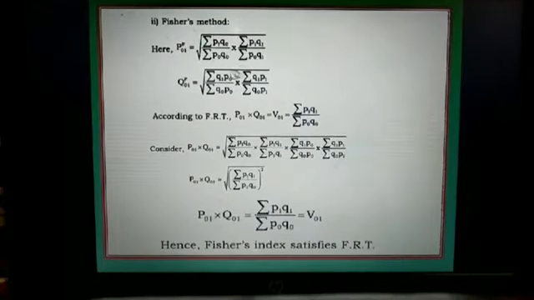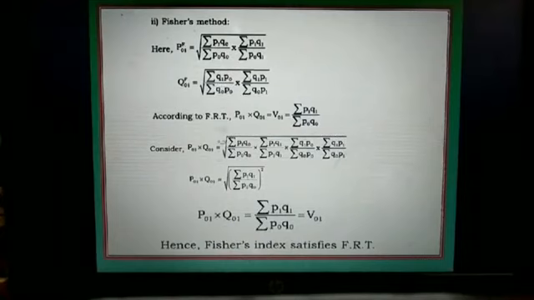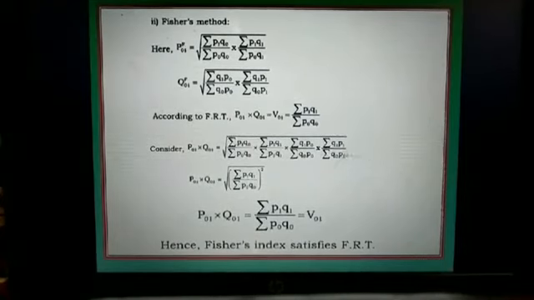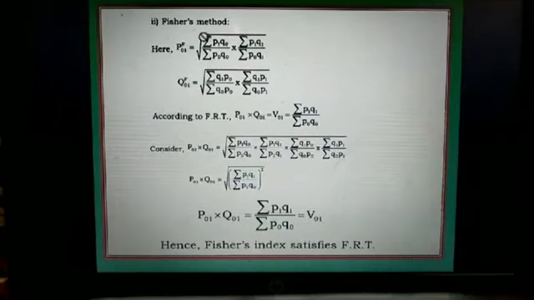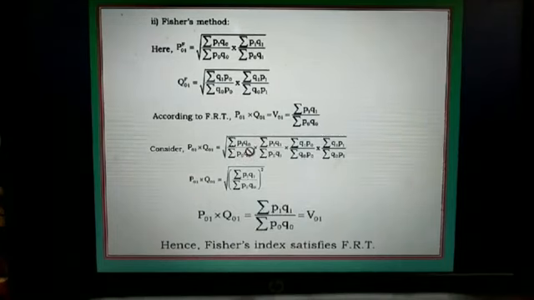Since both are under square root, they can be written in a single square root. So P01 multiplied by Q01 has been shown in a single square root here. This entire formula has been written first in these two expressions, and this expression has been written in this second half. After that, what happens? Here in the numerator, P1 Q naught is there, correct?